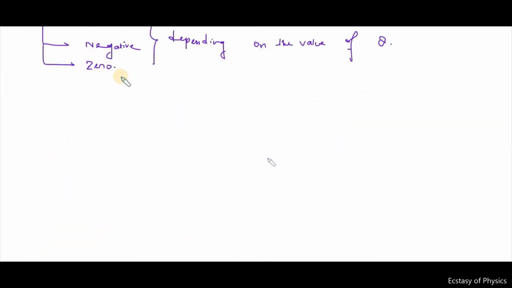So first of all, the positive work done. To define the positive work done, let's consider one object is located here. On the object we are applying a certain amount of force along this direction, and the object got displaced along the horizontal direction.